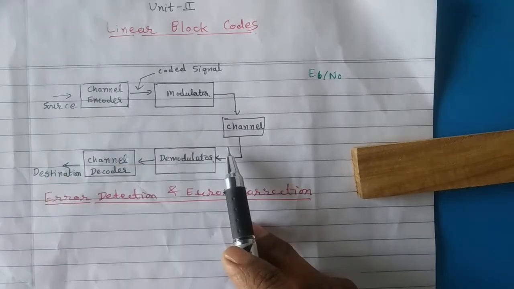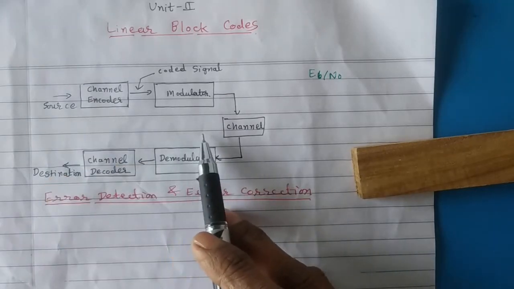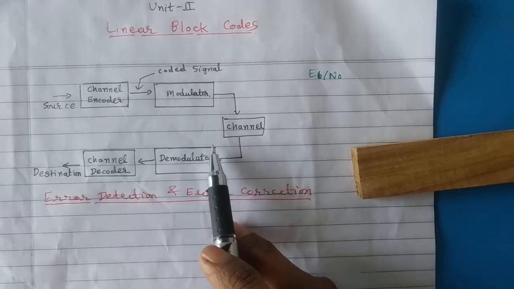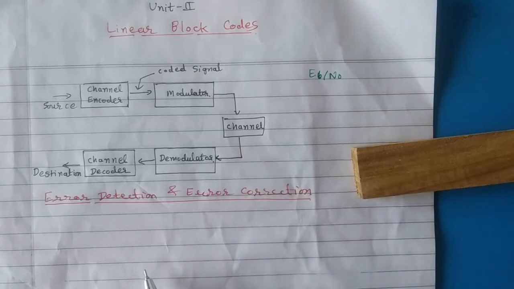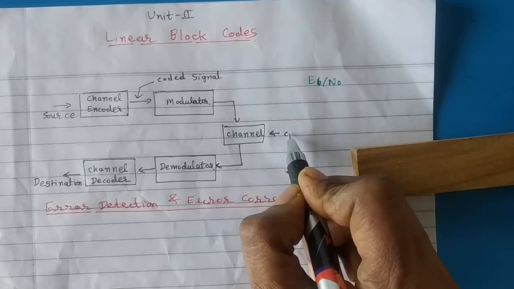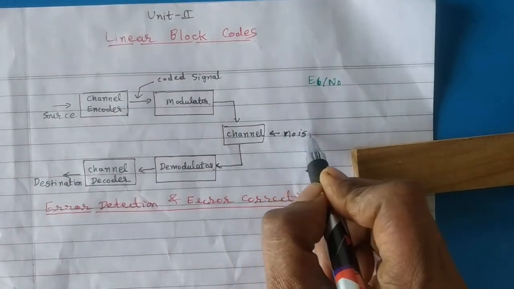We know that the desirable characteristics of any digital system are high data rate, minimum signal power, highly reliable transmission of data, and minimum bandwidth requirement. But in a practical communication channel, these characteristics may get affected due to noise, and this noise is generally added here at the communication channel.